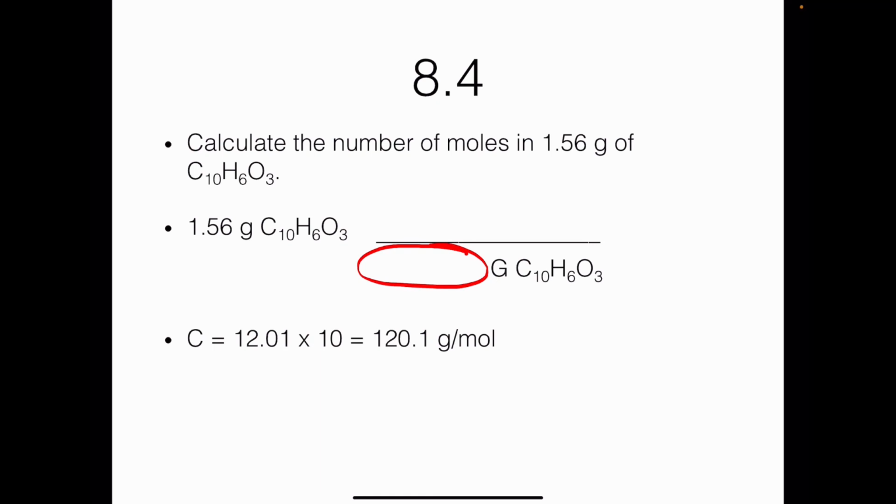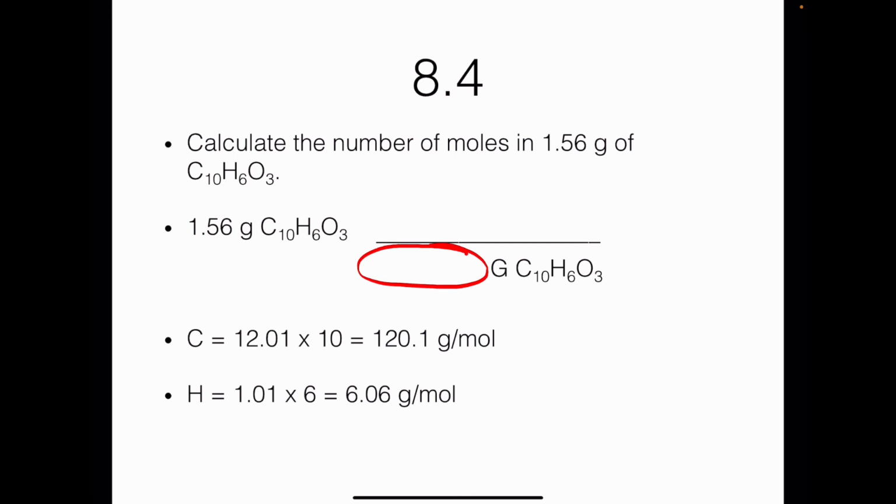Carbon, we know each individual carbon atom is 12.01. We know there are 10 of them according to this formula. So that gives us a total of 120.1 grams per mole. Hydrogen, 1.01. There are 6 according to this formula.